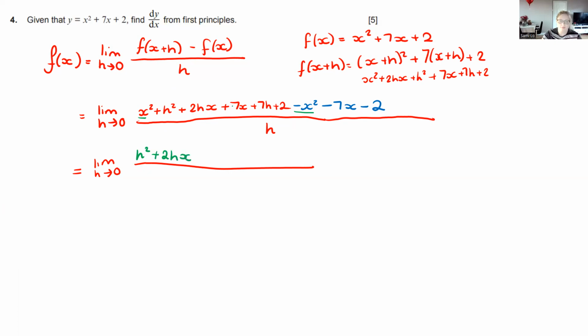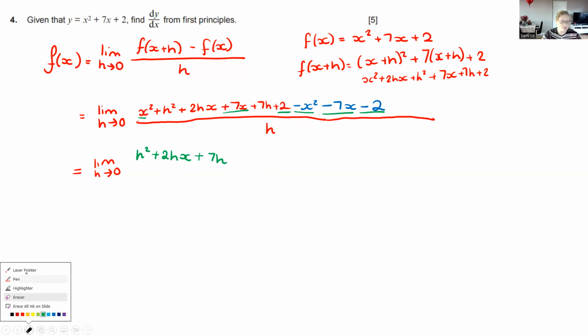So that can stay. 7x is minus 7x, so that's now disappeared. 7h has stayed the same. Then minus 2 and plus 2 have disappeared. I'm just going to reduce that line a bit because it looks a bit silly otherwise. And that's all over h.